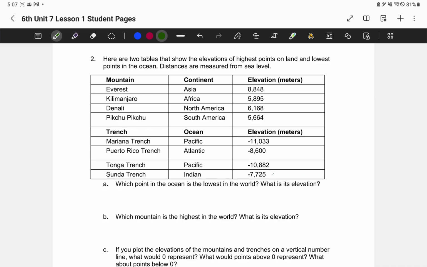So we're looking for the biggest negative number. And so that's the farthest from sea level. So Mariana Trench, negative 11,033 meters.